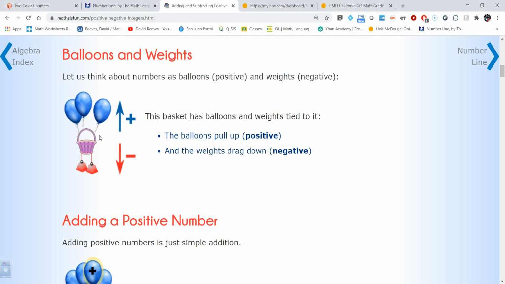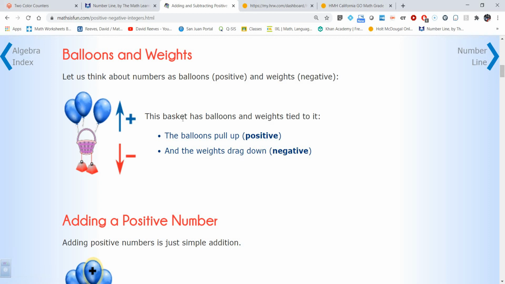So I can make this basket go up by addition, or I can make this basket go up by subtraction. Does that make sense? Either one. And I can make this basket go down by addition, and I can make this basket go down by subtraction. It's weird. When you have positive and negative numbers, you can achieve the same result 2 different ways.